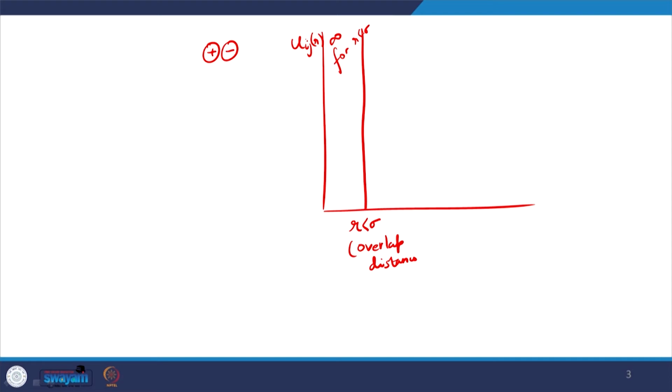So, I use a soft core, and our method to construct the soft core is such that it really goes to 0 at a very short distance from sigma.